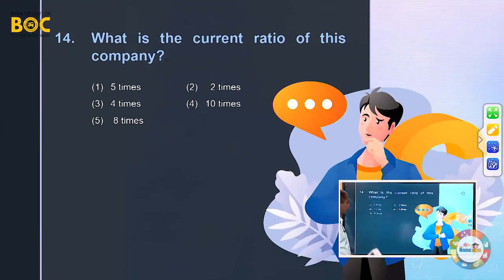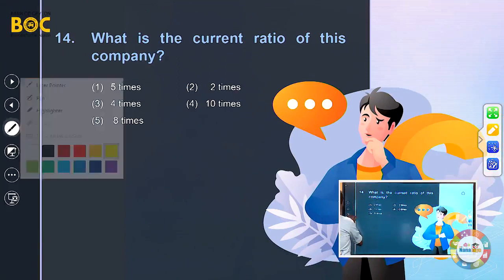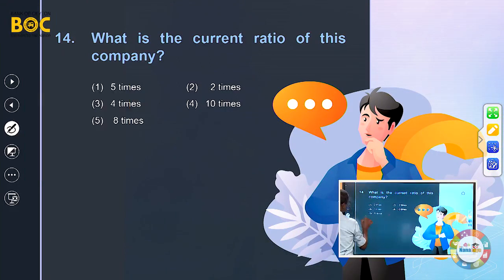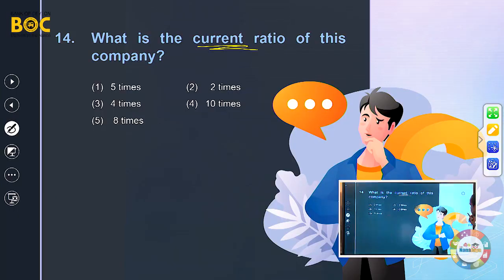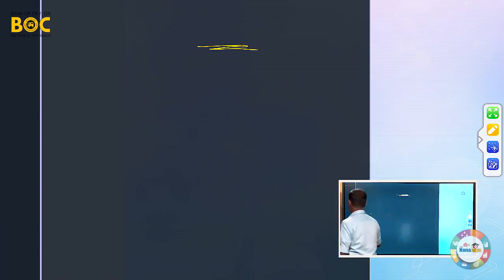We calculated the 14th question. What is the current ratio of this company? The current ratio we calculated as 5. Current ratio is 5 times.